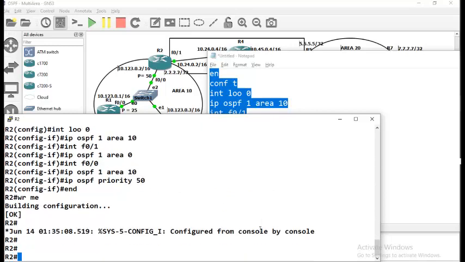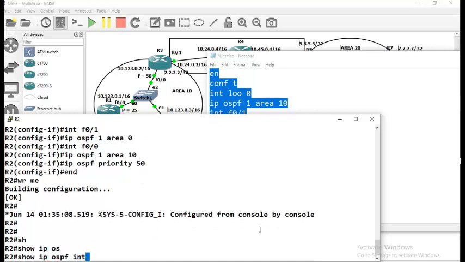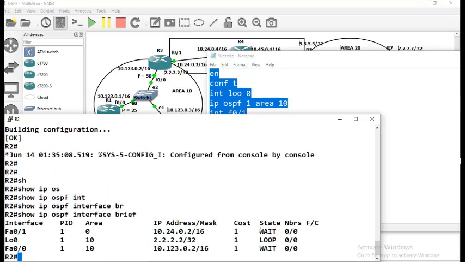Then we can verify by typing this command, show ip ospf interface brief. It shows you what process they all belong to. They all belong to the same process ID 1. And what area they belong to. Just one interface is in area 0, others are in area 10.